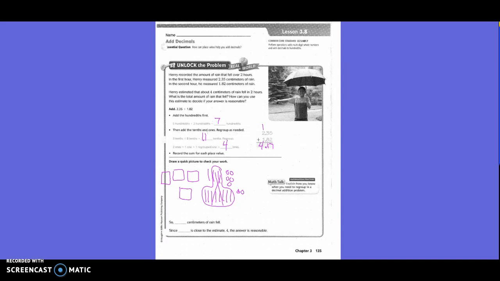So now I have how many flats drawn? 4 flats, 1 long, and 7 small cubes, right? So I write 4.17. Since 4 and 17 hundredths is close to the estimate of 4, the answer is reasonable.